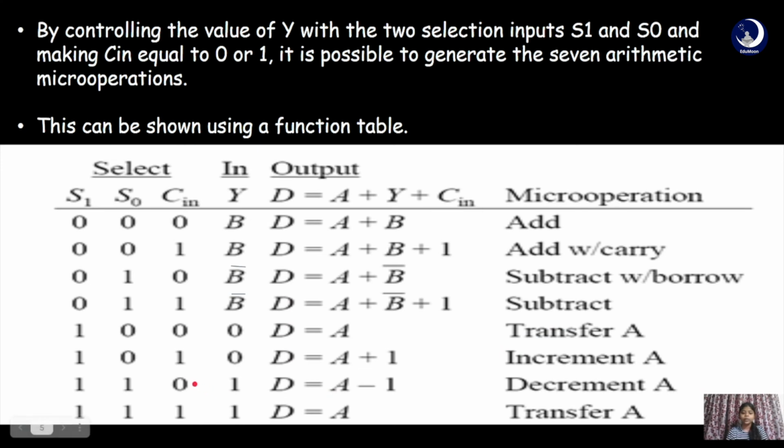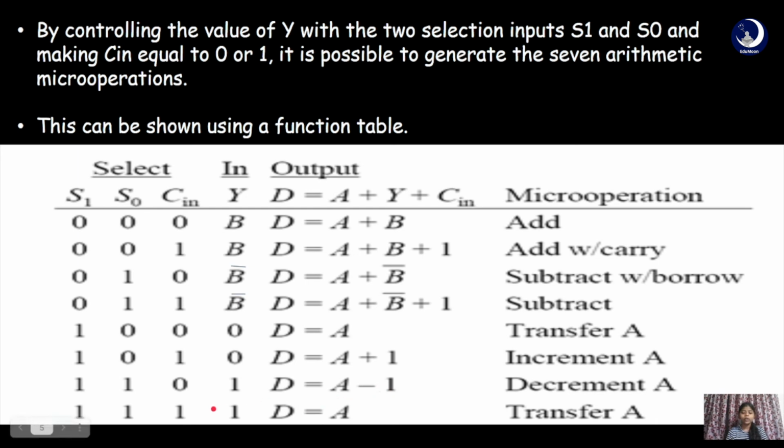And when carry input Cin is equal to 0, then D is equal to A minus 1 plus 0. Here A minus 1 because we are adding logic 1. Logic 1 is nothing but four ones, 1, 1, 1, 1. When logic 1 is added to the register A, it should be represented with a negative sign. So D is equal to A minus 1. This is nothing but the decrement operation. Here we are decrementing the contents of register A by 1.